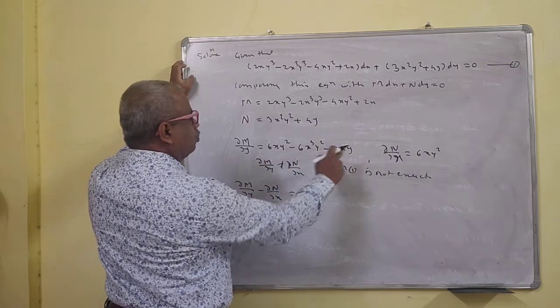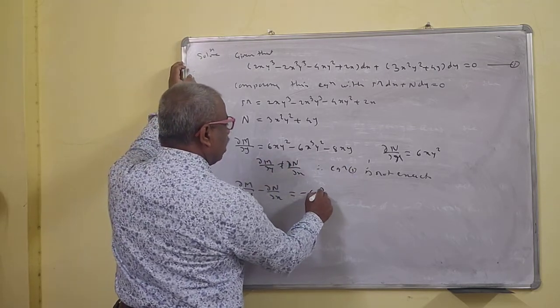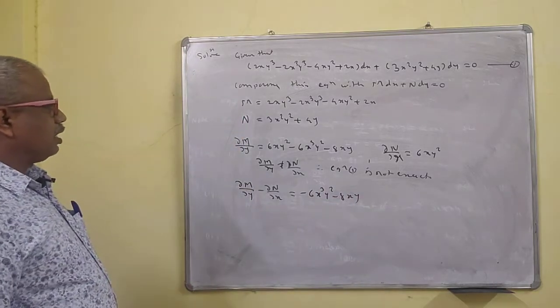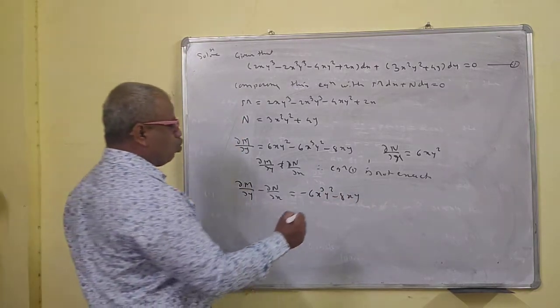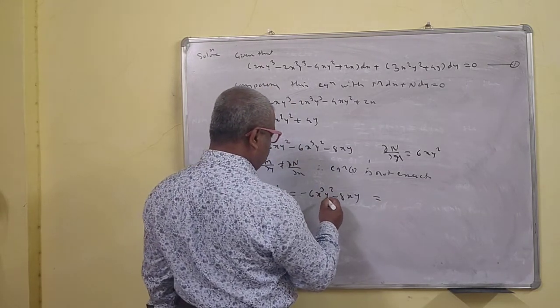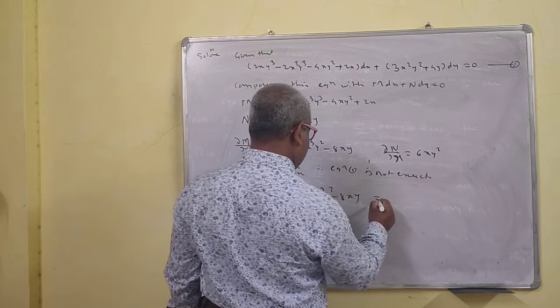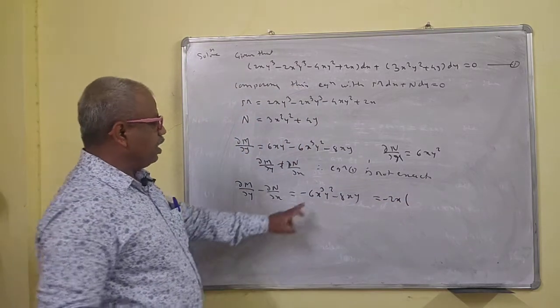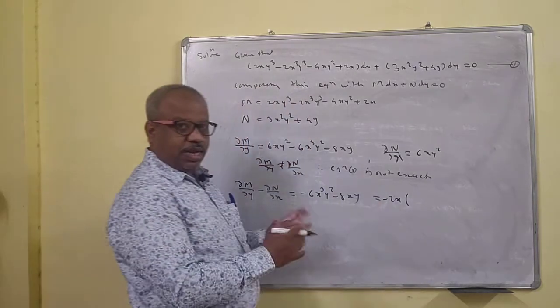6x square minus 6x cube y square minus 8xy, minus 8xy. If you take 2 common, you can take twice x common, minus twice x common. So what do we get here? You take at least one common.